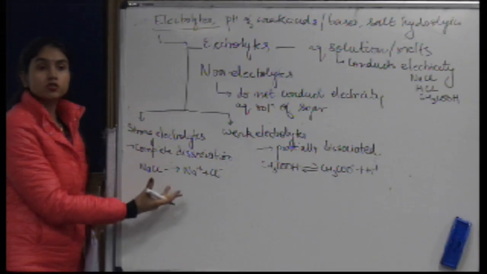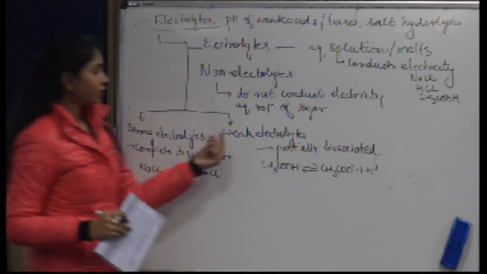In weak electrolytes you have an example; the simplest example is acetic acid, and you represent it like this. So what is the difference between strong and weak? You use a one-sided arrow for representing the dissociation of a strong electrolyte.